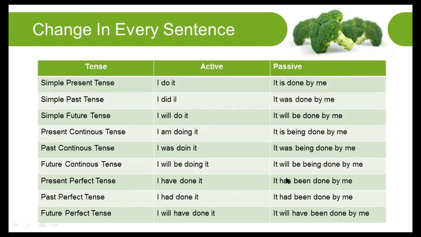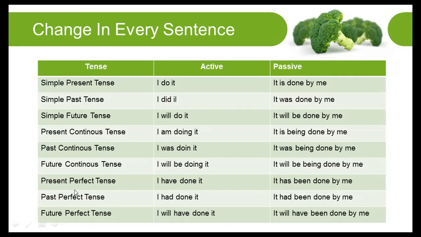In passive, we do not have to change it again, because the verb has to be verb 3. In present perfect, I have done it. In passive sentence, in present perfect tense, it has been done by me.